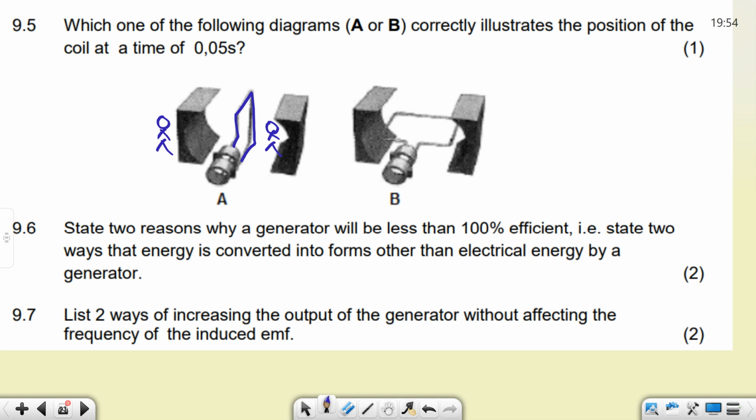Number 1, the electrical energy that is supposed to be produced is lost to heat energy, because the generator becomes hot. When the generator is working, it gives a vibration. It even gives sound. What else?